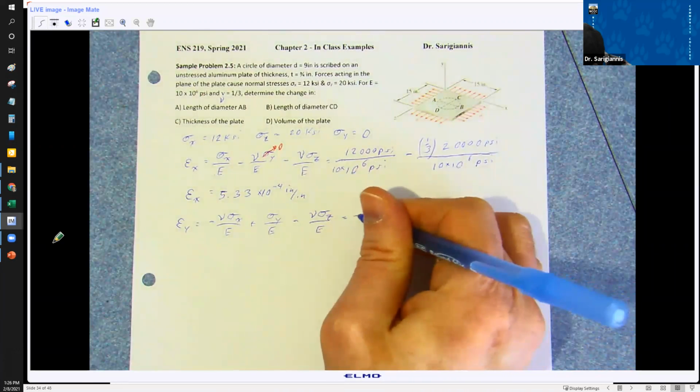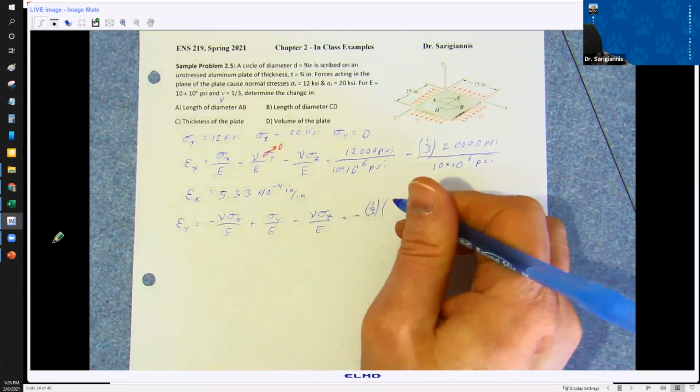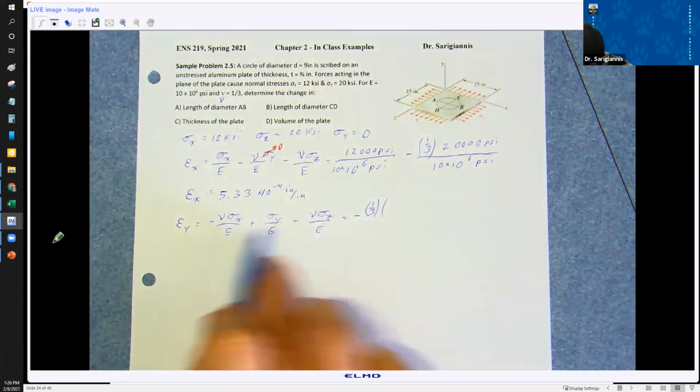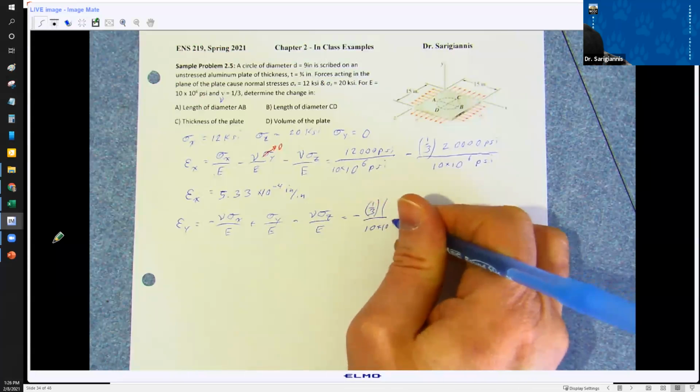So what do I got? I've got negative 1/3 sigma X. Oh, you know what? These are both negative 1/3, and they're both over 10 times 10 to the 6th.